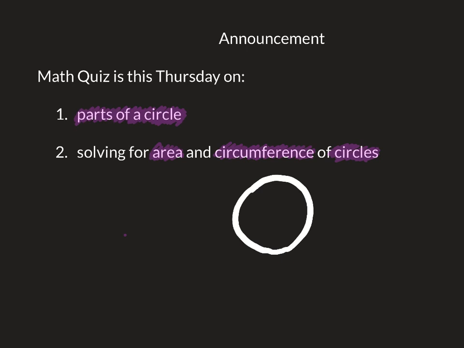Does anybody know what circumference is to a circle what is to a rectangle or square? You said it, perimeter. The way we measure the distance around a rectangle, we call that the perimeter. We measure the distance around a circle, and we call that the circumference.